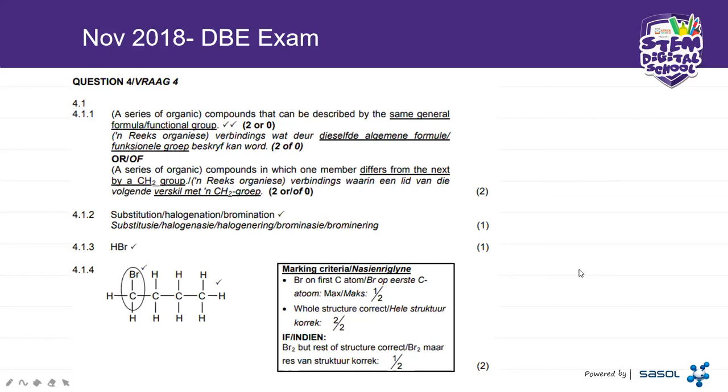They can be longer or shorter chains, but they will all have single bonds. And with alkenes, they will have double bonds somewhere along the chain. So that's what it means when it says a series of organic compounds that can be described by the same general formula. Okay, so that's your 2 marks just like that.